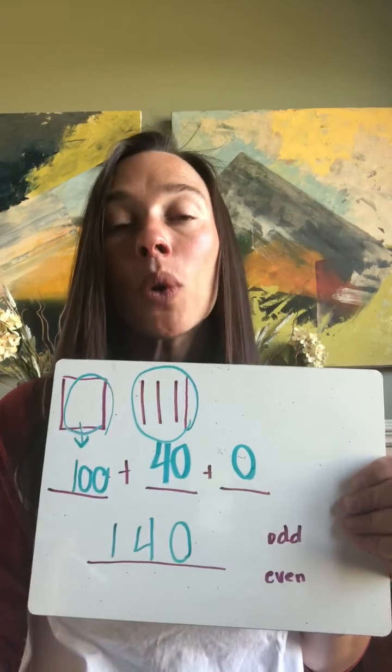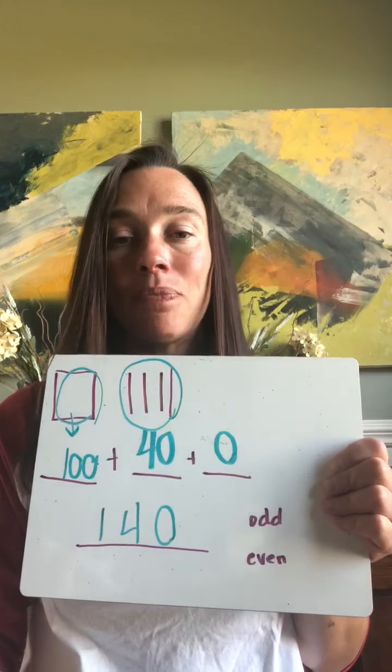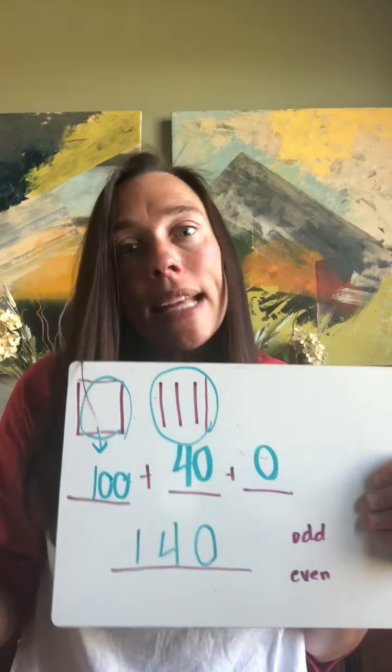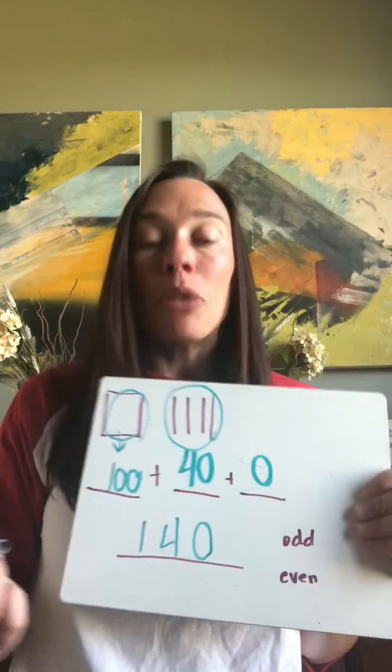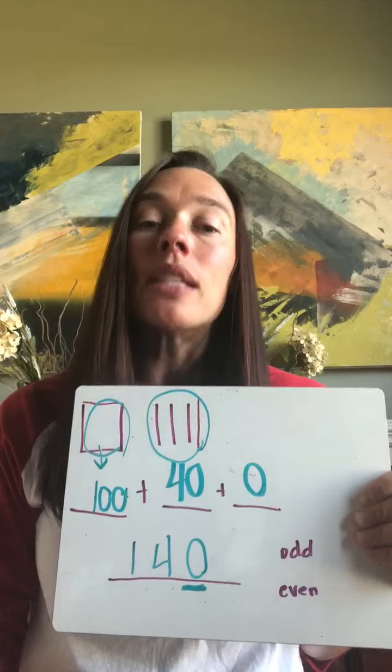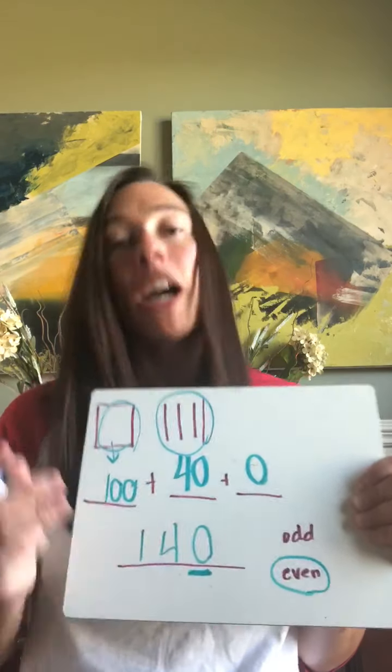Now, is 140 an odd number or an even number? Some of you are going to say, well, if yesterday it was odd, today it's even. That's a great way to think. But you also look at the ones place, and we know that 0 is an even number. Excellent job.